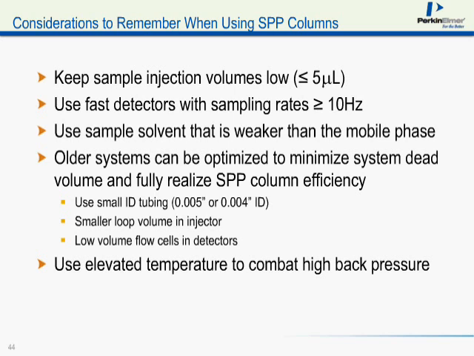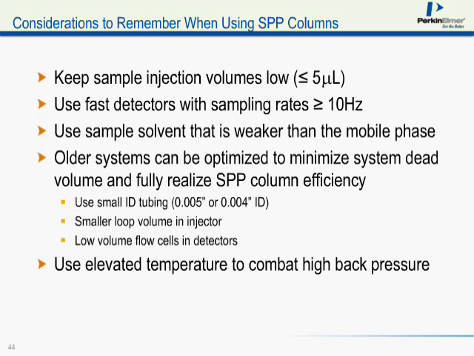But when you do that, you want to make sure that the solvent you're using for your sample is weaker than your mobile phase on your column. In other words, say I'm using a 50-50 mixture of ACN water as my isocratic mobile phase.